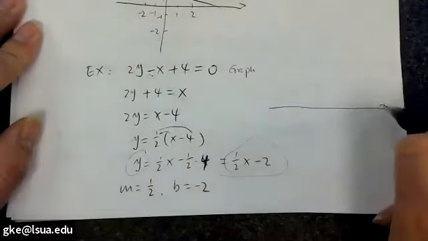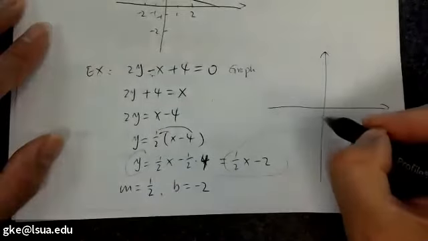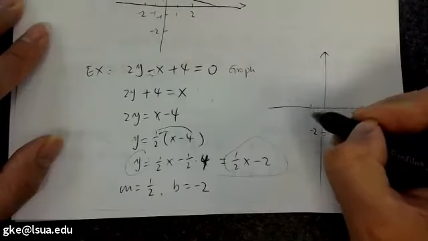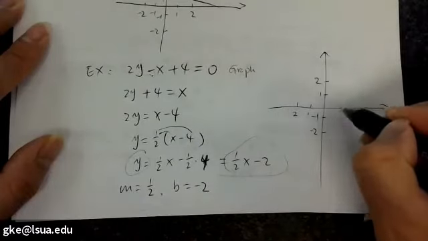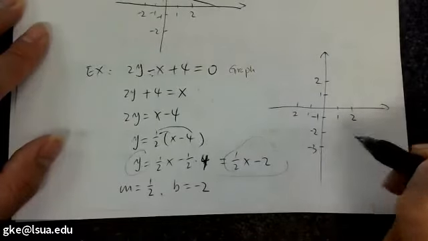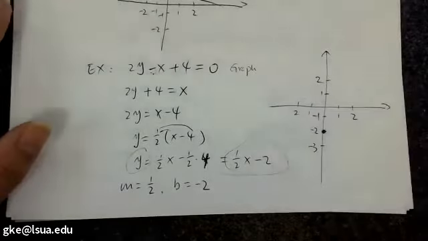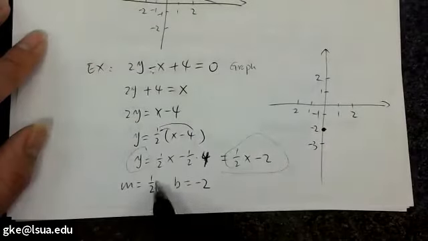Now we're going to draw the line. The y-intercept is -2, and the slope is 1/2.